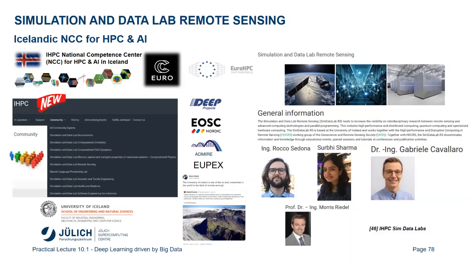Together with this working group, we will try to connect the community of interdisciplinary researchers in remote sensing in order to disseminate knowledge through educational events, special sessions and tutorials at conferences, and public activities. We're also organizing a summer school at the end of May, which you will find advertised on the website.